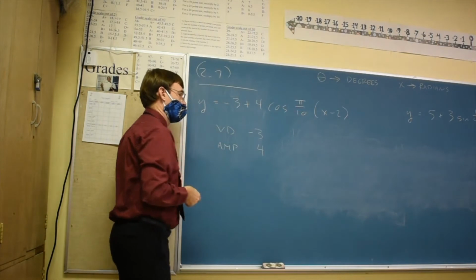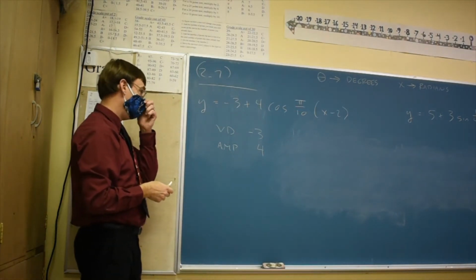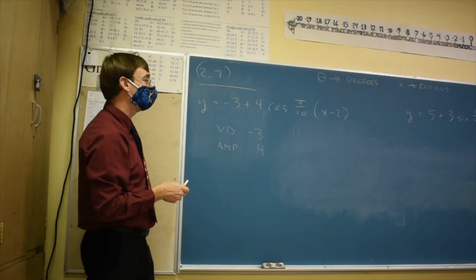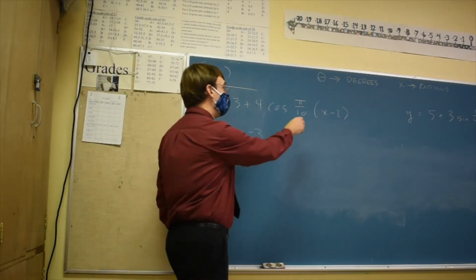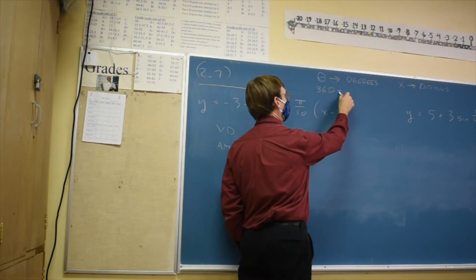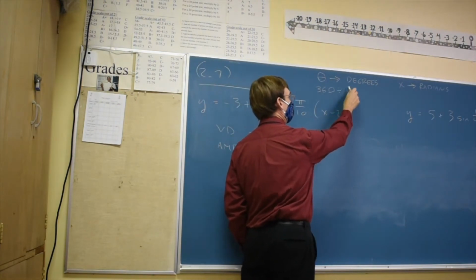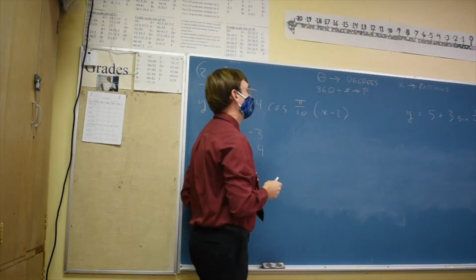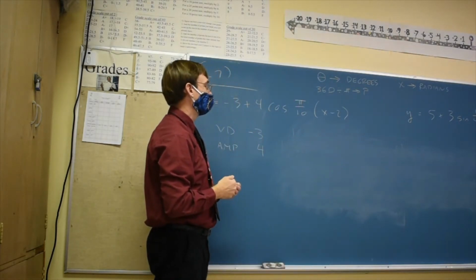What did that used to do for you? Period. Period directly, that was the period? No, no. Okay, how did we used to do the period? When we were in a degree problem, we used to do 360 divided by a number to get the period. That's no longer quite our choice.